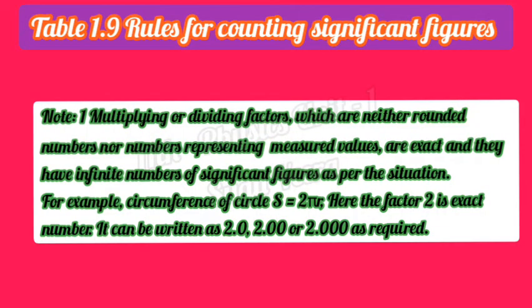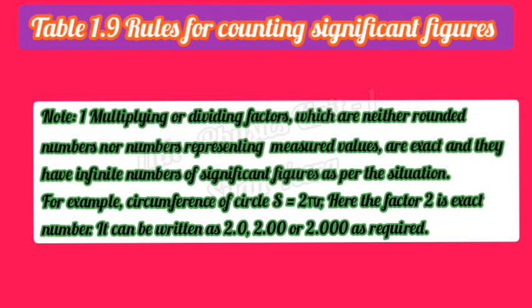Note 1. Multiplication or division factors which are neither rounded numbers nor numbers representing measured values are exact, and they have an infinite number of significant figures as per the situation. For example, the circumference of a circle is s equal to 2 pi r.